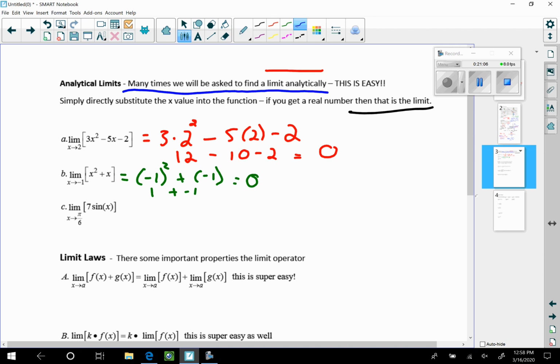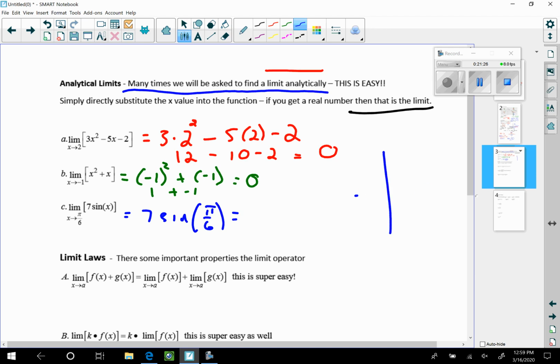So let's do this last limit here, direct substitution. I'm going to directly substitute, and this is going to be 7 times the sine of, heavens to Betsy, pi over 6. Well, I know that the sine of pi over 6 is a real number, and so 7 times a real number is a real number. Let's figure out what the sine of pi over 6 is.